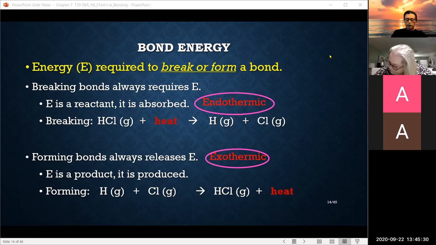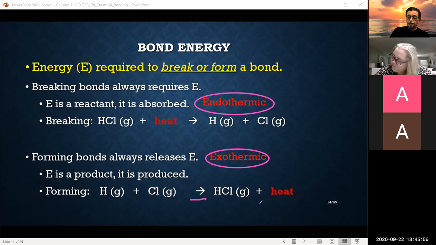So heat is exiting from the reactants. And therefore, when we write a reaction formula, here's our arrow. To the left are the reactants, to the right are the products.